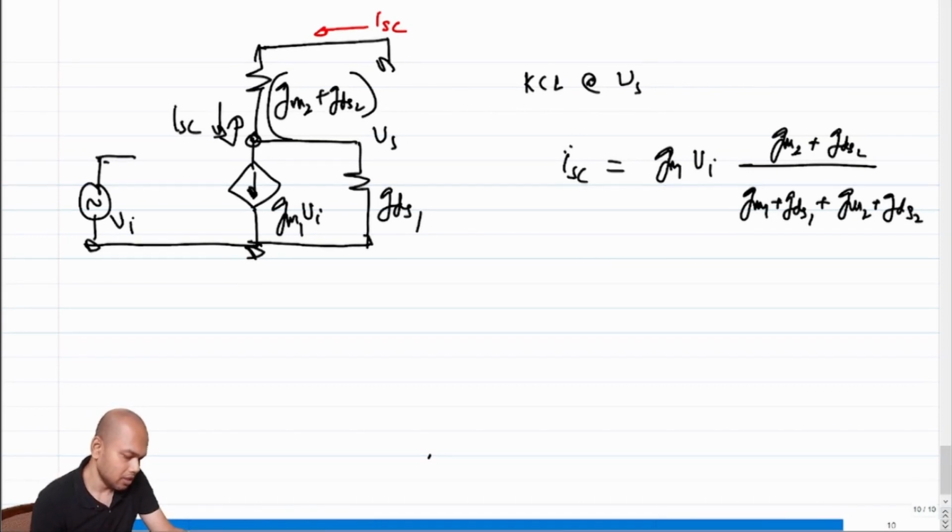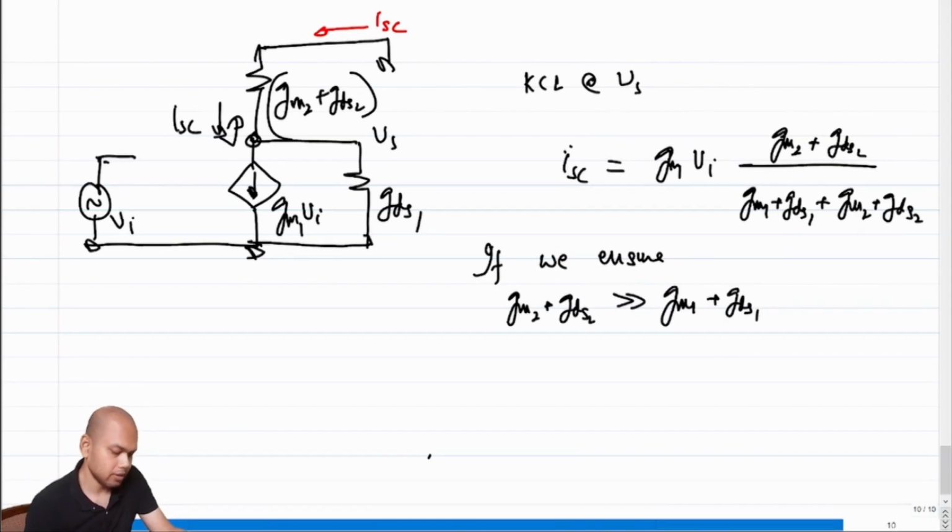So if we ensure Gm2 plus GDS2 is much larger than Gm1 plus GDS1, then ISC becomes approximately equal to Gm1 times Vi.